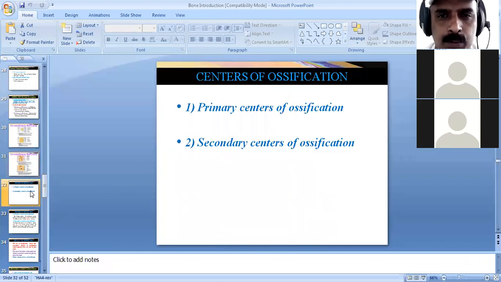The next topic is the centers of ossification. You have come across the definition and the two types of ossification.